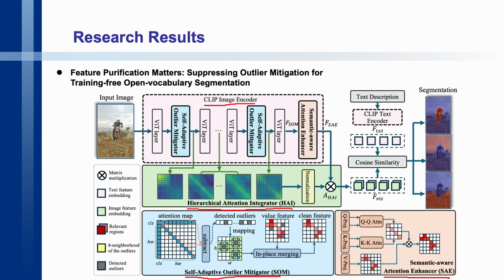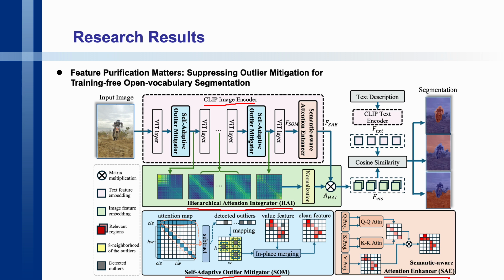SAE emphasizes the attention values of relevant semantic regions to generate the strengthened semantic feature F_SAE. After that, our HAI extracts the multi-layer attention maps from the image encoder to further refine F_SAE for the final semantic feature F_vis. Finally, the segmentation result is obtained by calculating the cosine similarity of the final semantic feature F_vis and text feature F_txt.